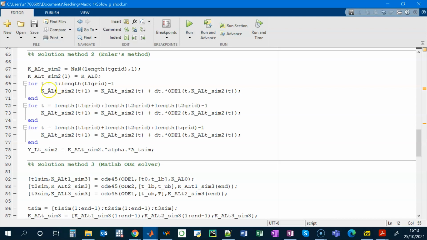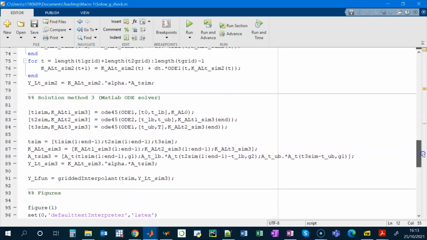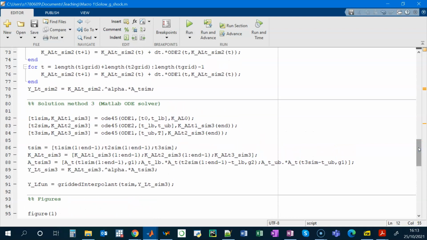And rearranging, you can get that kt plus 1 is equal to kt plus the increment of time dt times what's on the right hand side of the ODE. The third solution method is essentially the same, but using MATLAB's inbuilt ODE solver, which uses a more sophisticated method for solving ODEs than Euler's method.